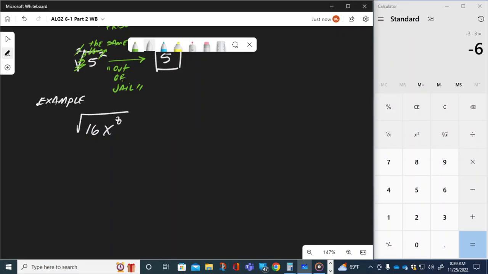The square root of 16x to the power of 8. You have to remember that when the square root does not have an index, automatically you have to put a 2. It's just as when we have a variable, it doesn't have an index, but automatically you put a 1 in there.